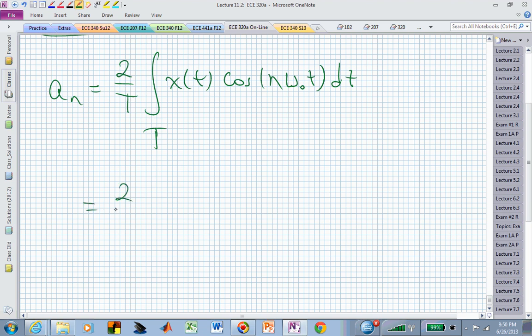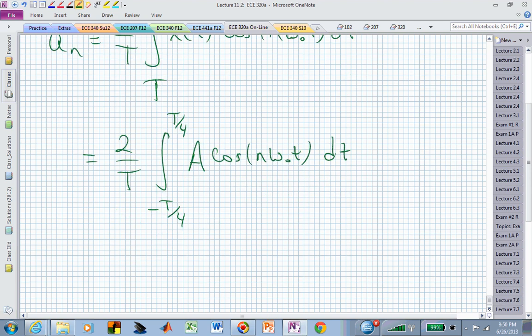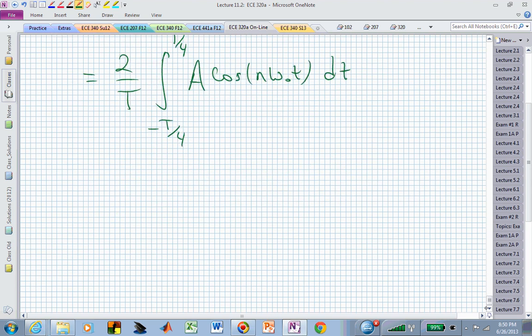Again, we can integrate this only where x is non-zero, and that's from minus T over 4 to T over 4. It has a non-zero value of A. Then we have cosine of n omega naught t dt. And the integral of this cosine is a sine, and we need to divide out the argument relative to what's multiplying t in the argument of the cosine.